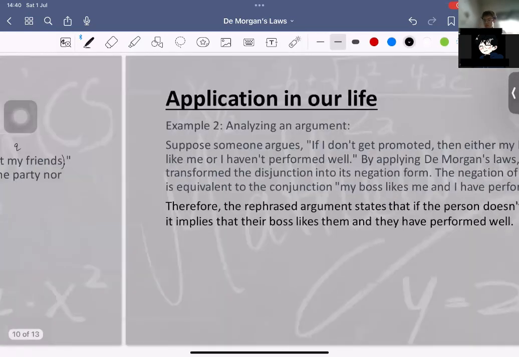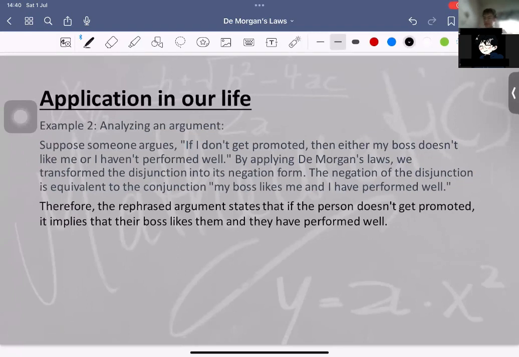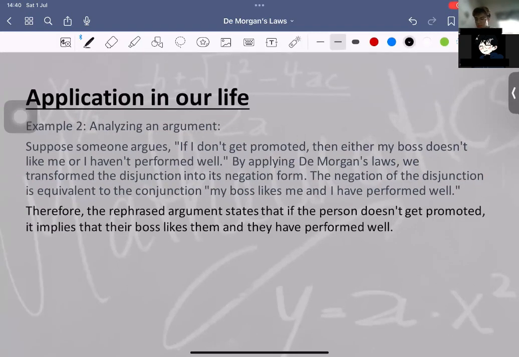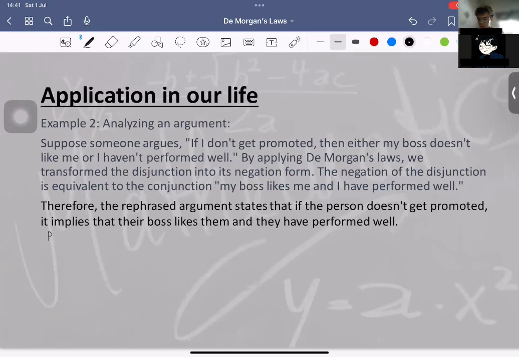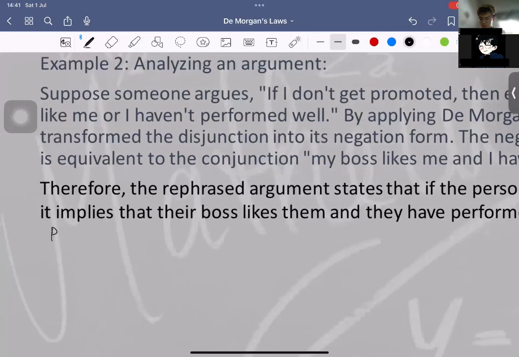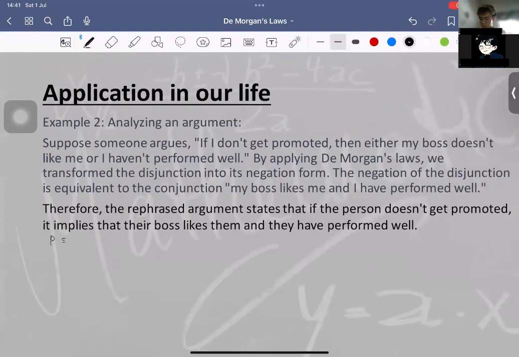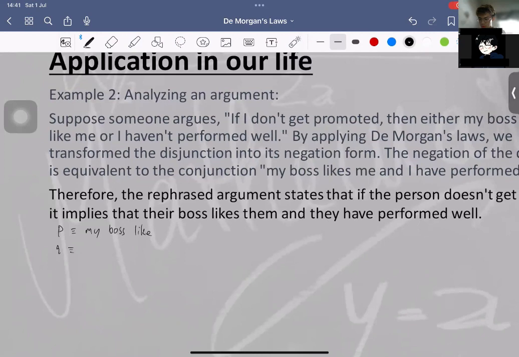So this is the second example, analyzing an argument. Suppose someone argues, if I don't get promoted, then either my boss doesn't like me or I haven't performed well. We always let the positive sentences be, like, P is my boss likes me, and Q is I perform well.